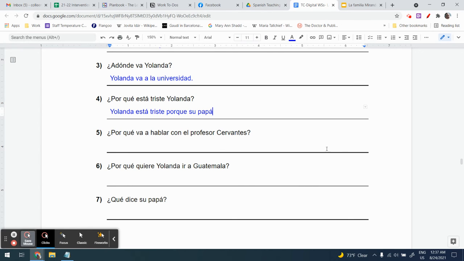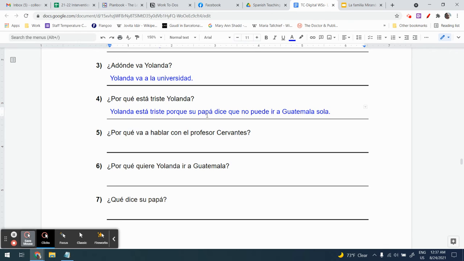Okay, su papá dice que no, and instead of puedo would be I can't, I'm going to change it to puede. She can't. Ir. Now, I might opt to throw in here a Guatemala, just to be clear if somebody hadn't read the whole story. Sola.